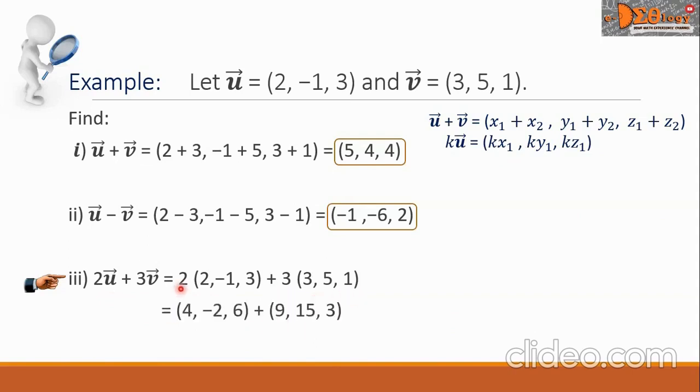So we have this 2 times 2, 4, 2 times negative 1 is negative 2, 2 times 3 is 6, plus 3 times 3, 9, 3 times 5, 15, 3 times 1, 3. Then we simplify the sum. This 4 plus 9 is 13, negative 2 plus 15 is 13, 6 plus 3 is 9. This is the final answer.